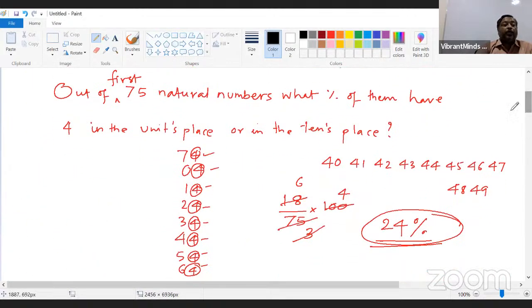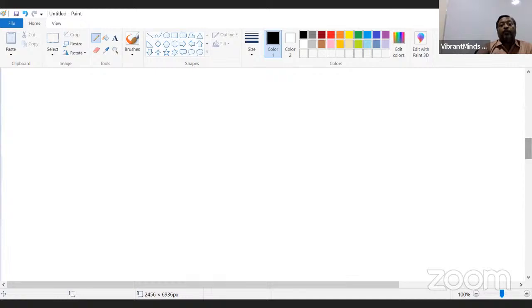Now, this question, one of you has asked me for a simple example. So let's go with it. Suppose I have natural numbers 1 2 3 4 till 40, and in the units place I have to find 4.